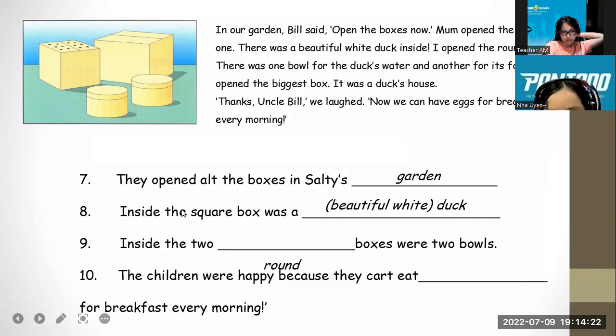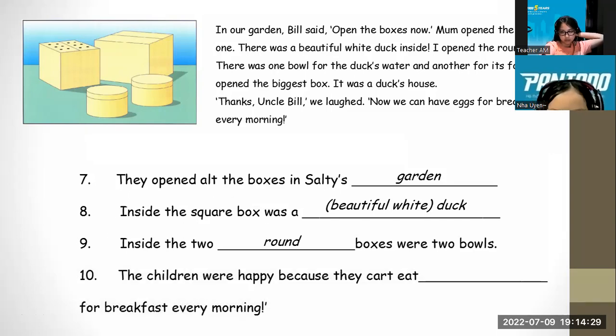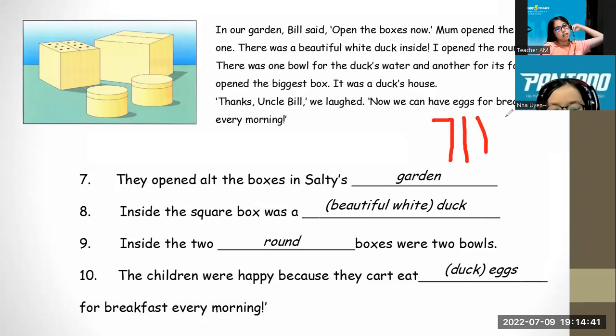Okay, so this is round. Very good. How about number 10? The children were happy because they could eat eggs for breakfast every morning. Very good. So for this one, Uyen, you got 7 out of 10.